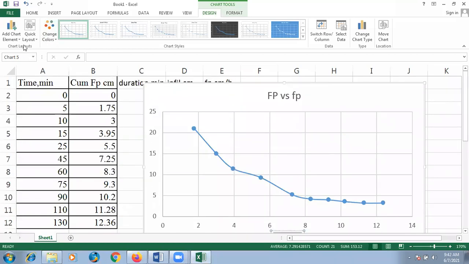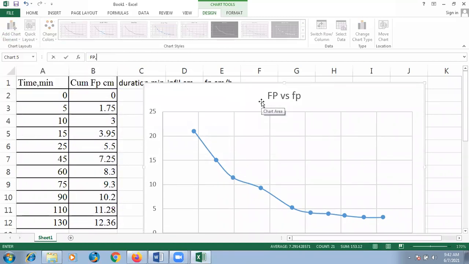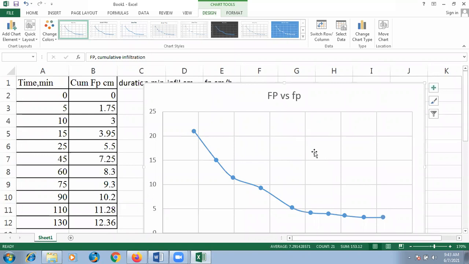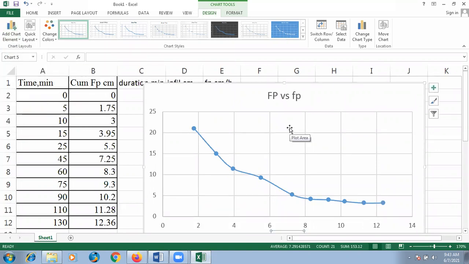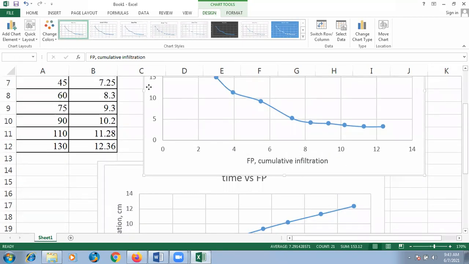So axis title, primary horizontal. So you have FP, that is cumulative infiltration. That is done here. That value has come.